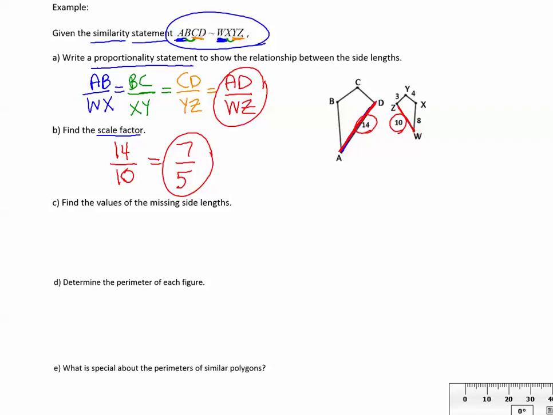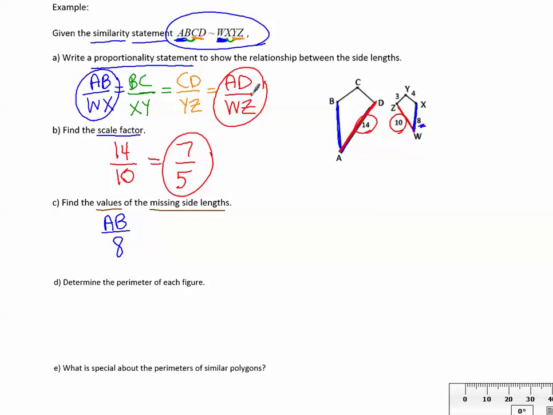Now we'll talk about how to find the values of the missing side lengths. Notice side AB. We don't know side AB, but we know that side AB corresponds to side WX. So I can say AB over WX says 8. So instead of WX, I'll write 8.